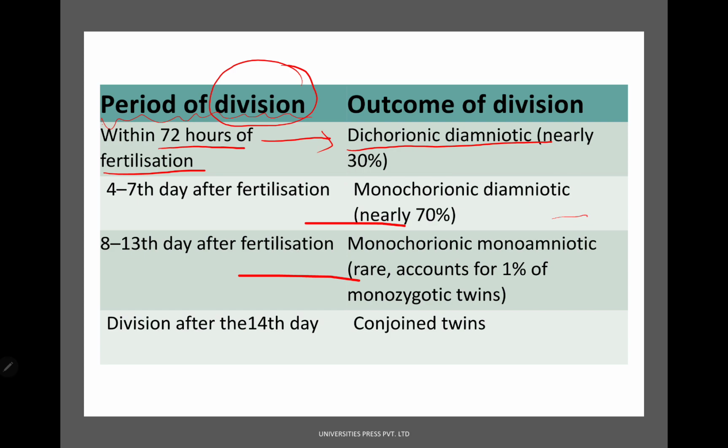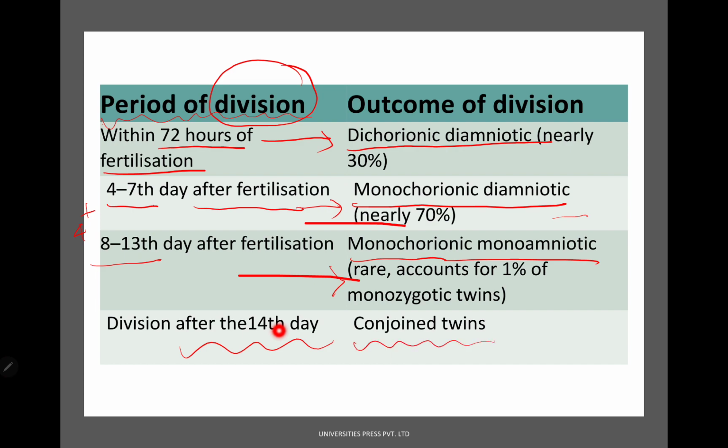Suppose the division is around 4th to 7th day after fertilization, then what will be the result? Then it will be monochorionic diamniotic. Next, add 4 days. That is from 8th to 13th day after fertilization, then the result will be monochorionic monoamniotic. Suppose the division is after the 14th day, that is 2 weeks of fertilization. After that the zygote is dividing, then it is going to result in conjoined twins.